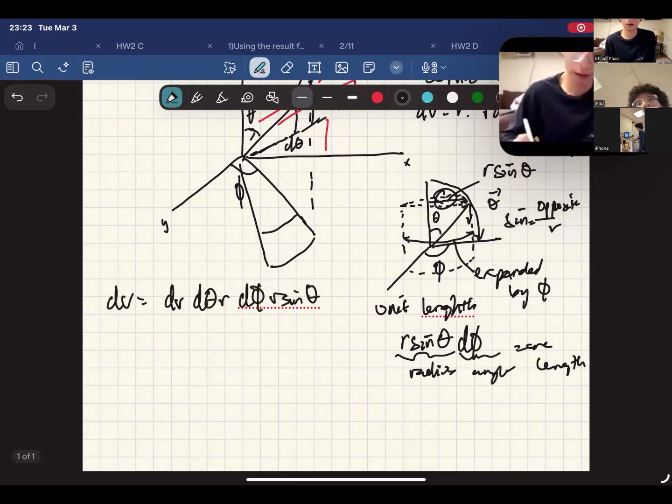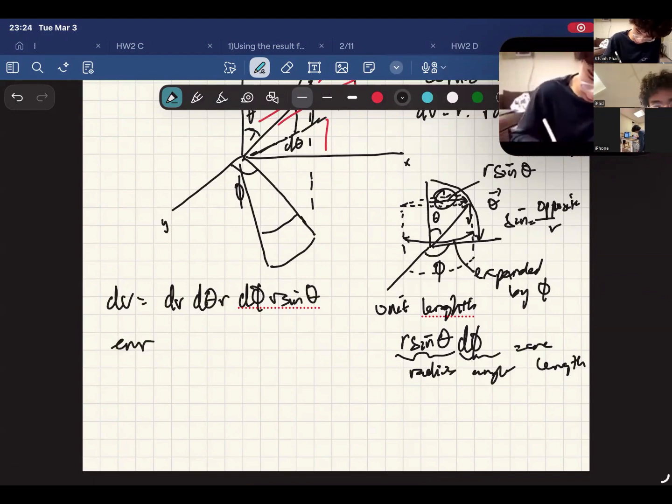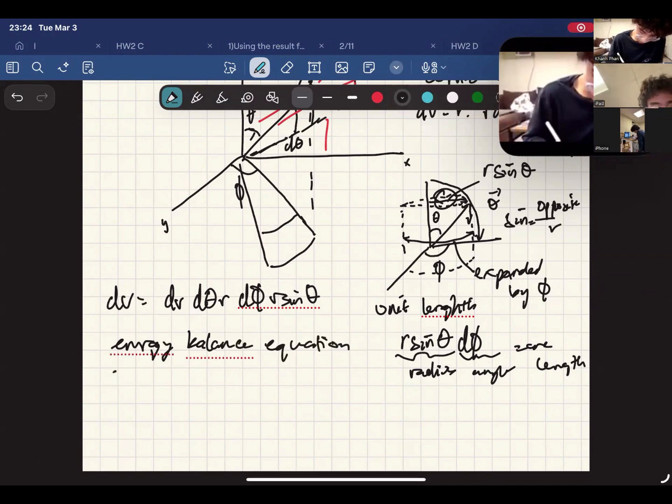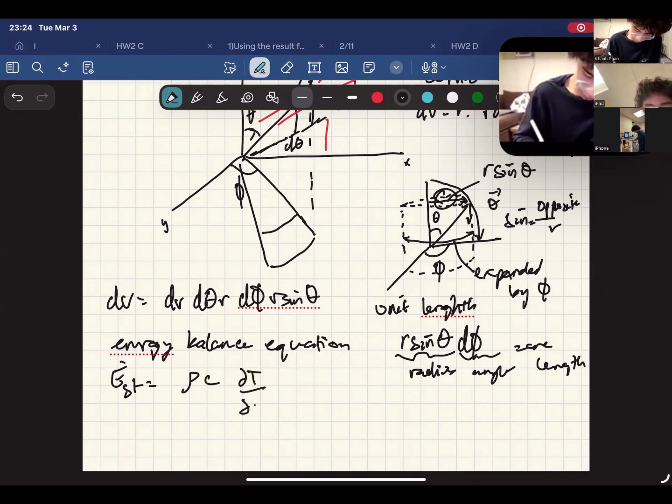And so now we're going to start writing our energy balance. Energy balance equation. So we have energy storage, and that would be equal to density times heat capacity times the change in temperature with respect to time, times the control volume dV.